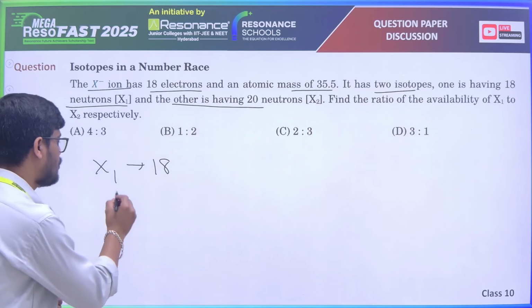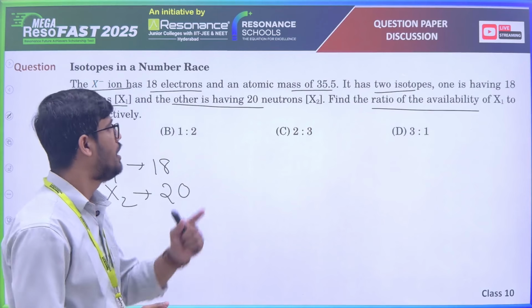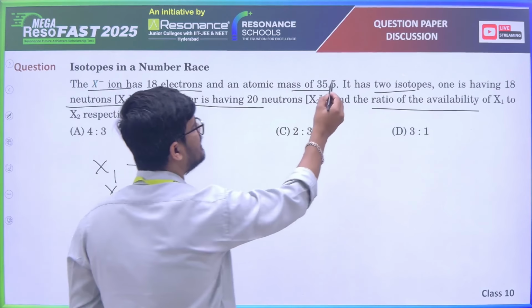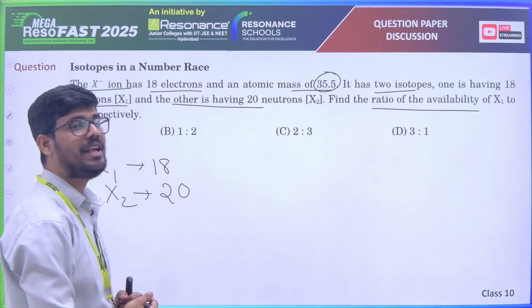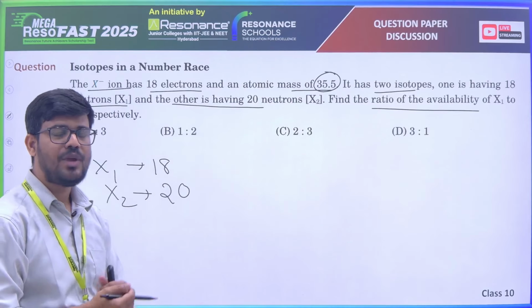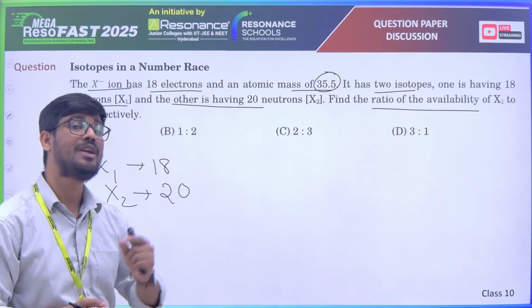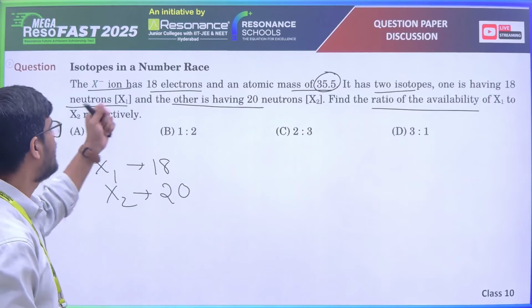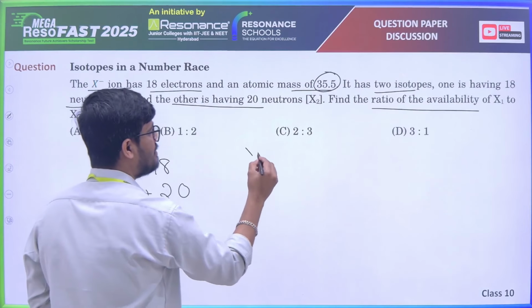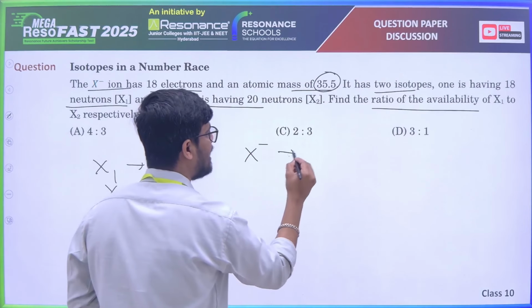We have to find out the availability of X1 to X2 respectively, so the availability ratio we have to find out. Here, this 35.5 is the average atomic mass. Now we have one particular formula to calculate average atomic mass. Now see, X minus, it is having 18 electrons.